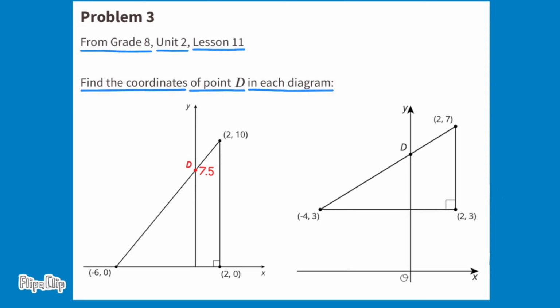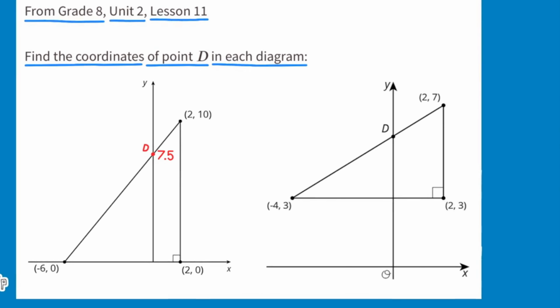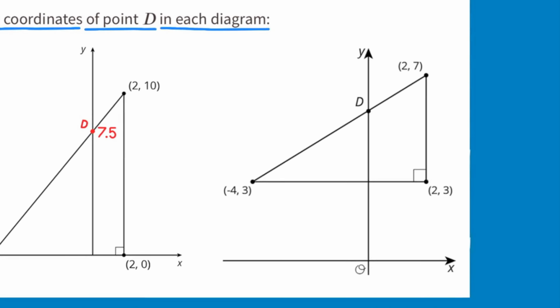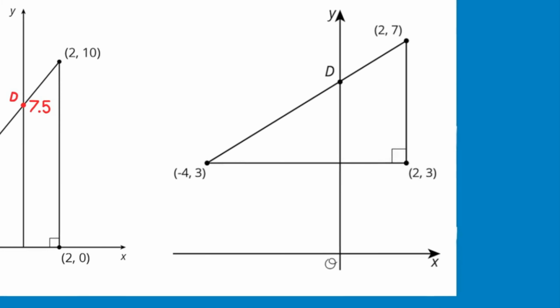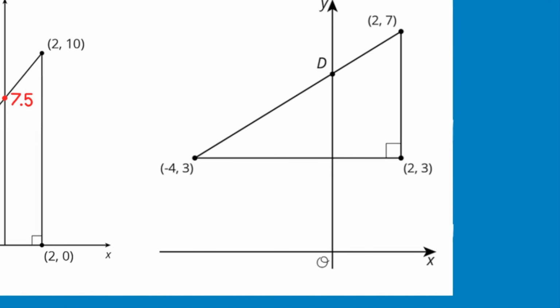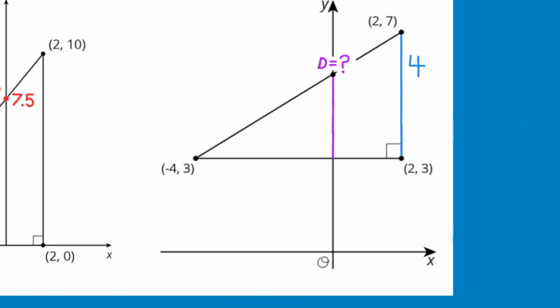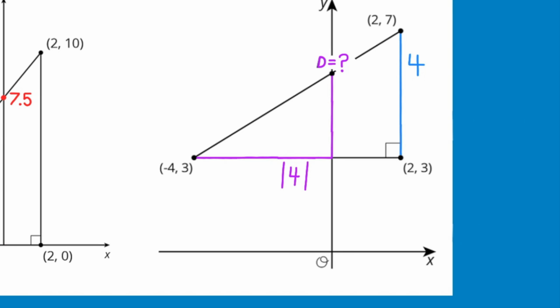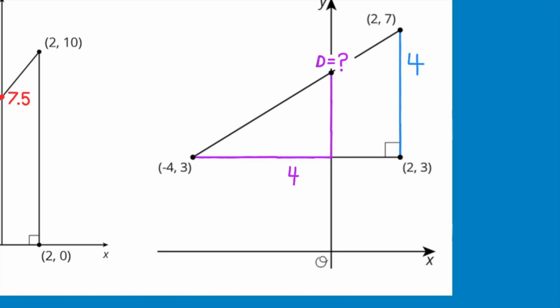Use the same exact strategy to find point D on the right, except this triangle is elevated above the x-axis. Add the side length of the triangle to the distance between the triangle and the x-axis, and you'll have the location of the y-coordinate for point D. The side length for the blue triangle is 4 units. The base length of the purple triangle is 4 units.